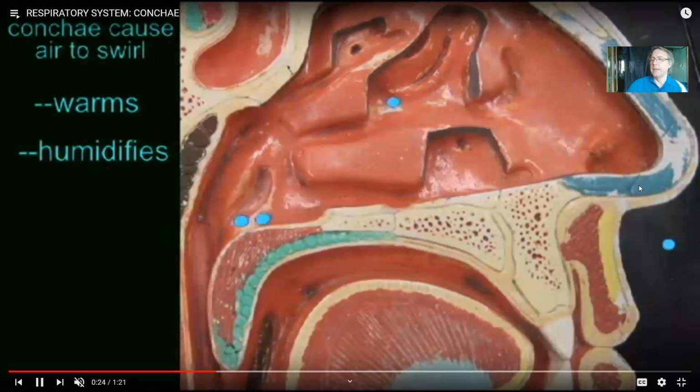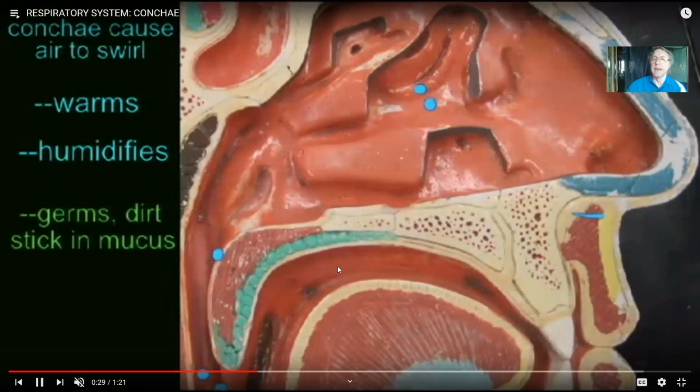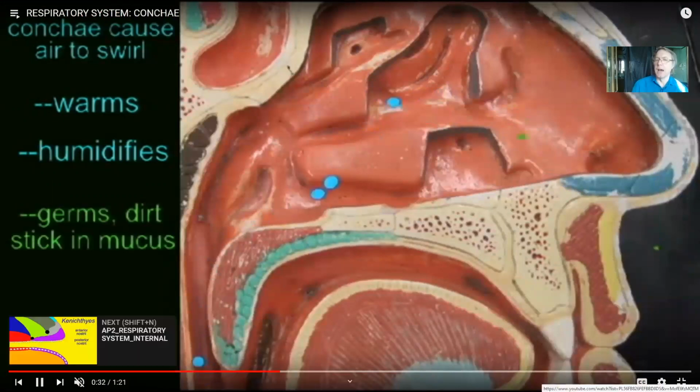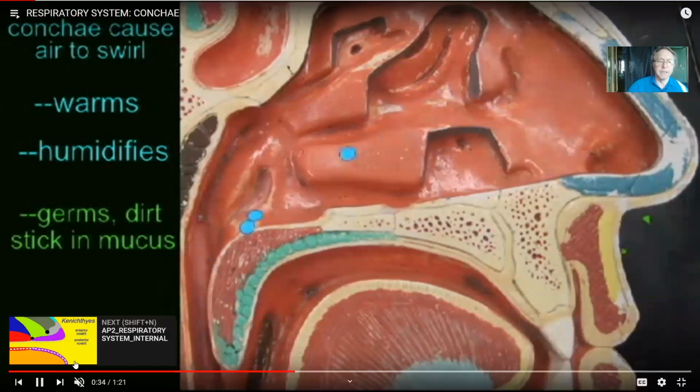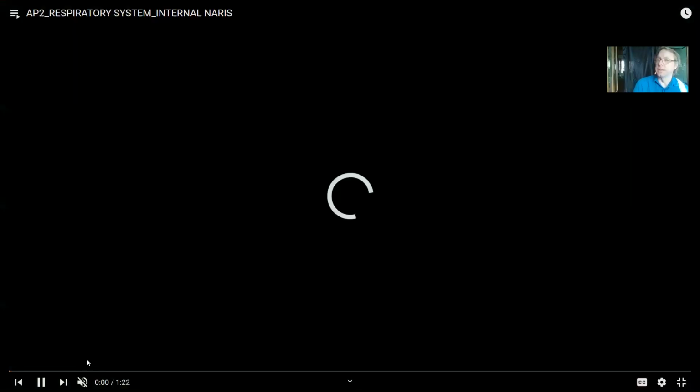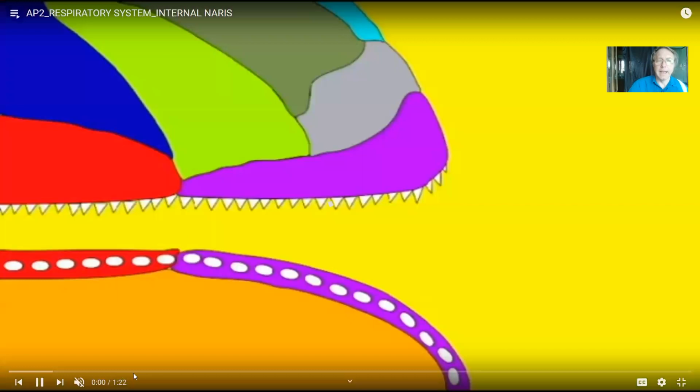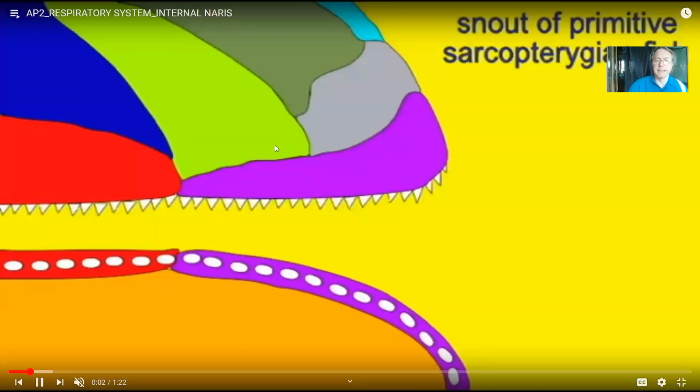And then while this is the external nostril or external nares, here is that internal nares, which introduces the air and allows it to proceed into the pharynx. I have a video, just in case you were curious, which just talks about how ancestral Sarcopterygian fish moved that second nostril.